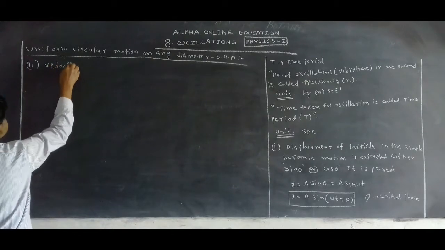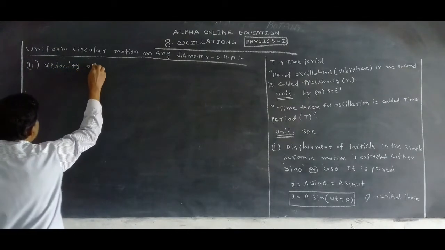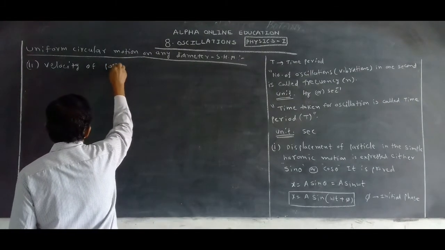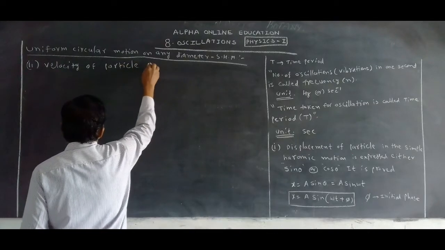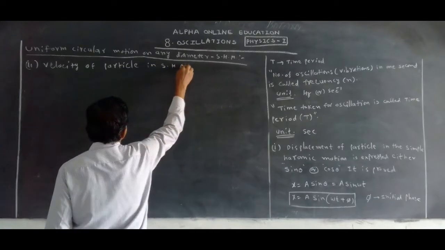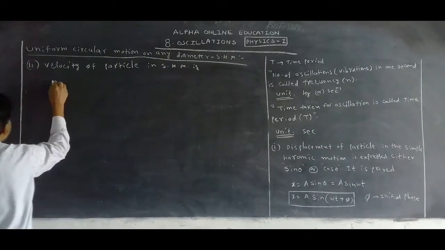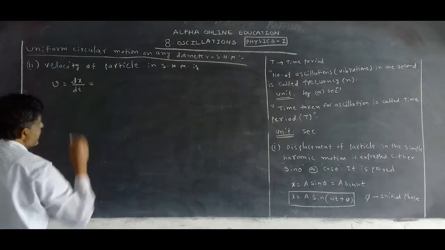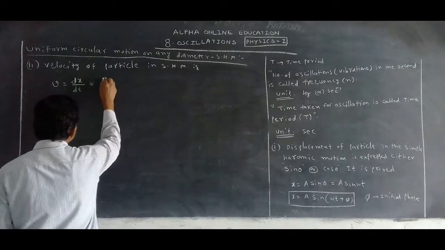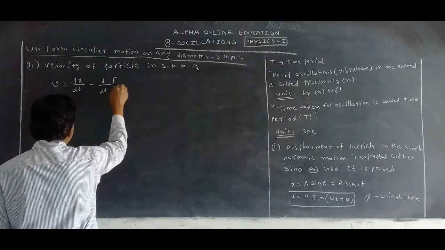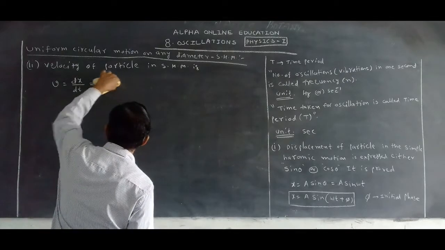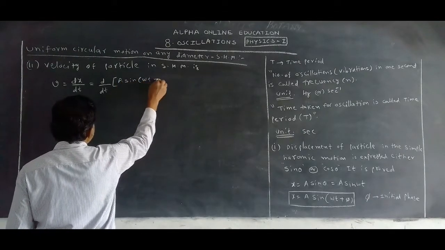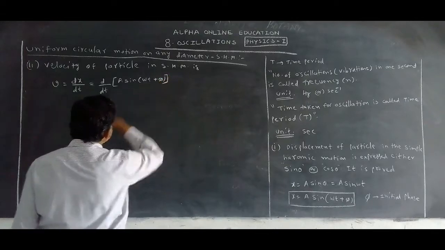velocity of particle in SHM is v is equal to dx by dt. What is x? A sin omega t plus phi.